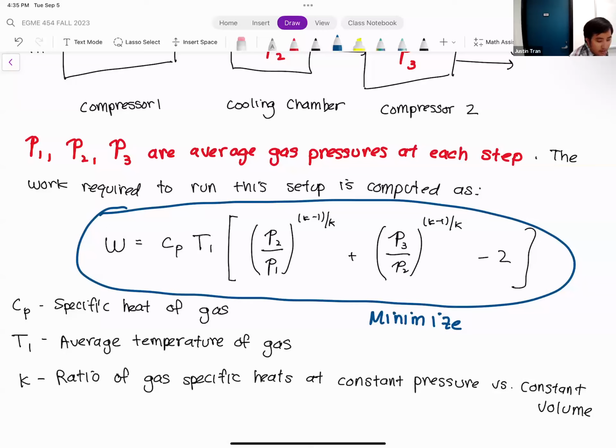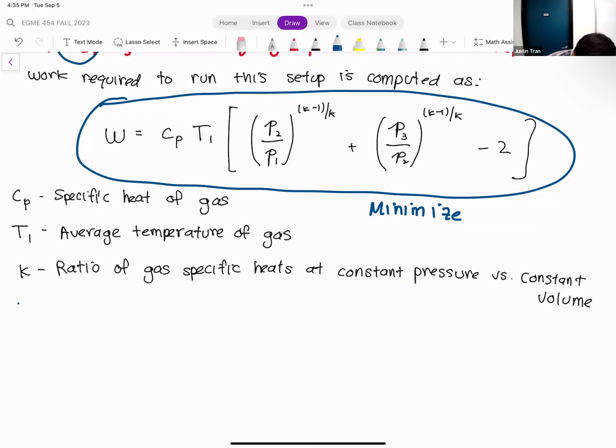Okay, and the one design variable that we're going to optimize over is going to be P2. Okay? And so let's find the optimal value for P2, the optimal value for P2 that minimizes the amount of work required.